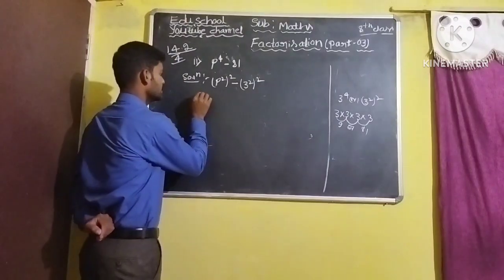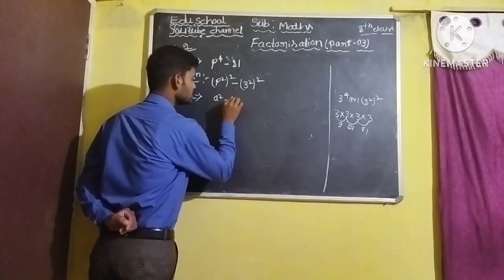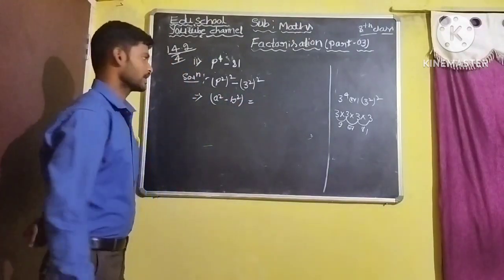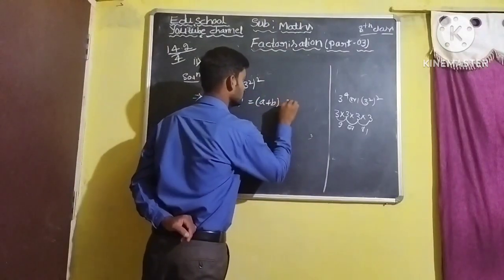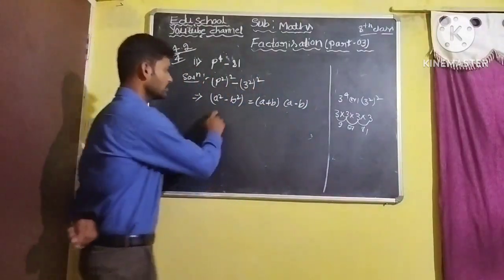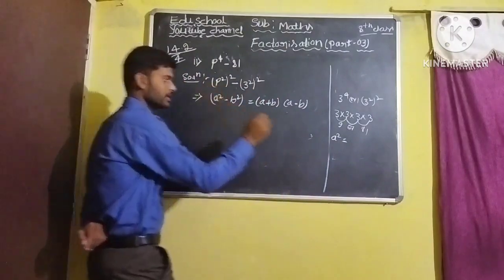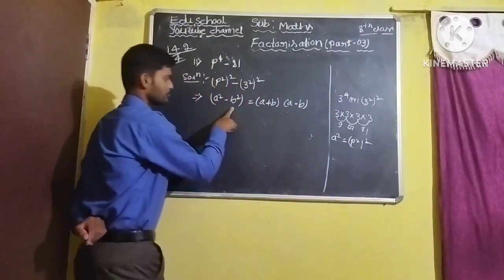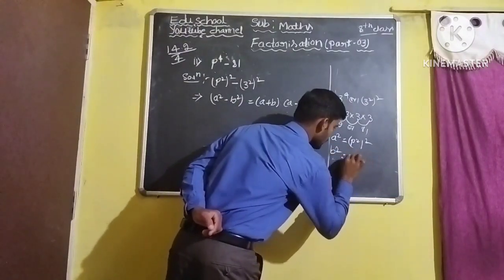So this is in the form of the third identity: A square minus B square, which we can expand as A plus B into A minus B. Here, in the place of A square we have P square whole square, and in the place of B square we have 3 square whole square.